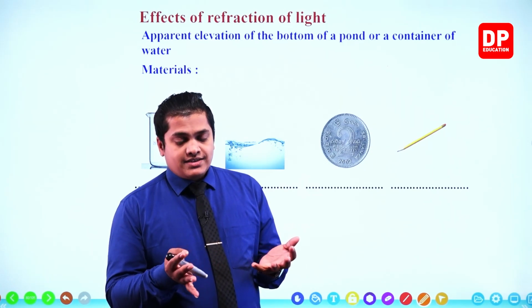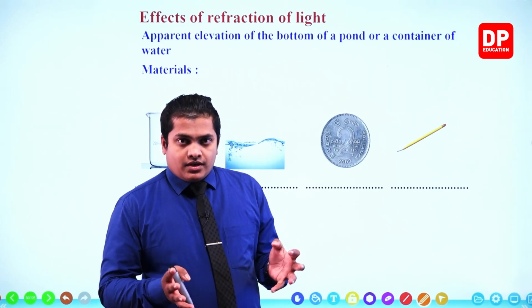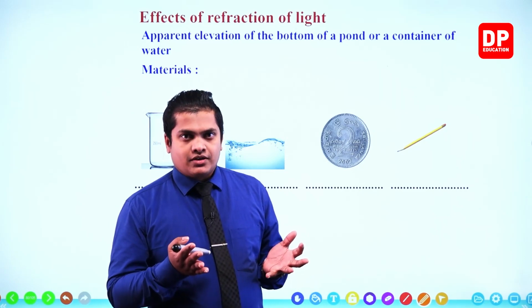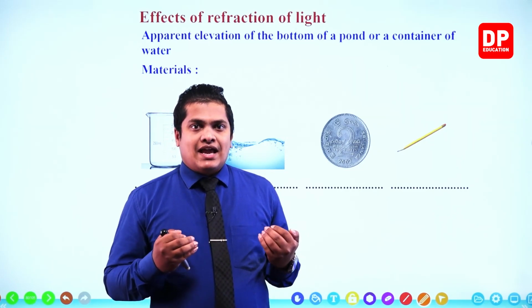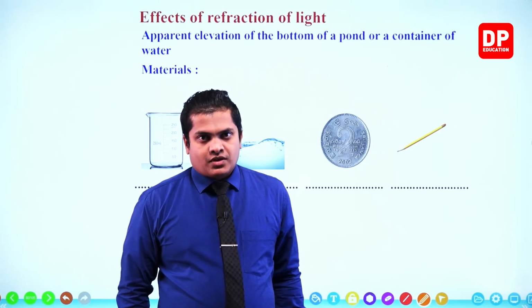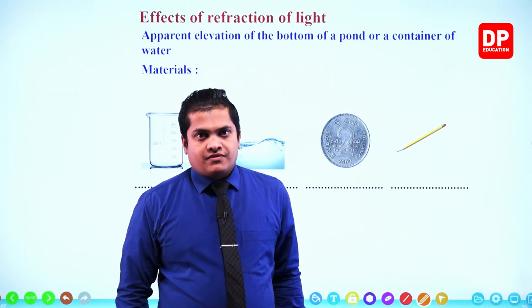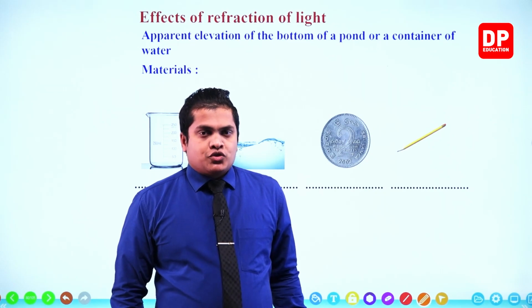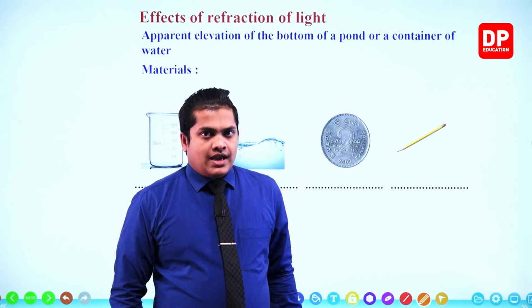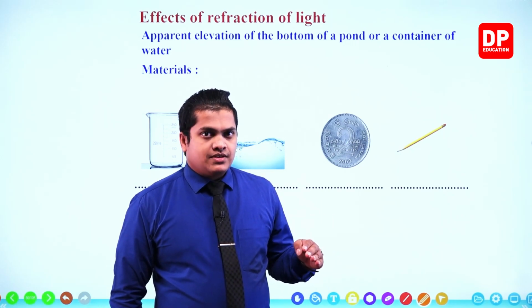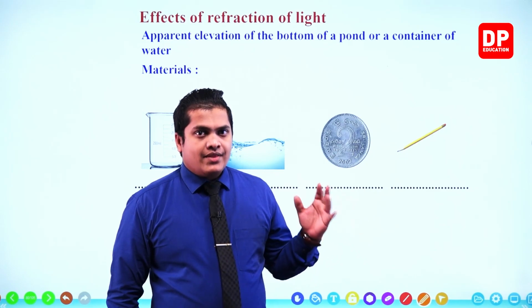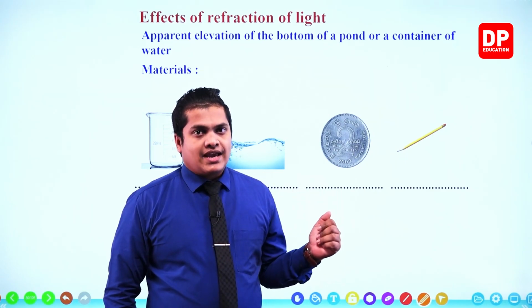The bottom of the water container or the water pool appears to be raised. This effect is happening because of the refraction of light. So we'll be investigating this refraction, and we're going to observe the apparent depth and the real depth within this activity.